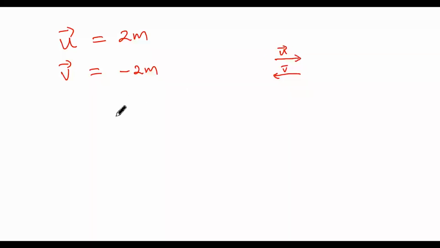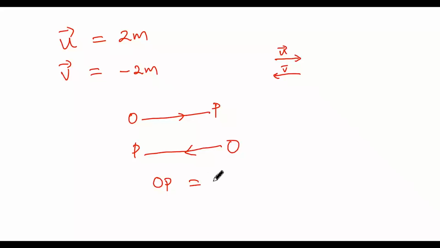In this case, you could have vector OP moving towards this direction, and you can have vector PO moving towards this direction. So OP is forward and PO is backward. So in this case, you can say vector OP is equal to negative vector PO. This is a negative vector.